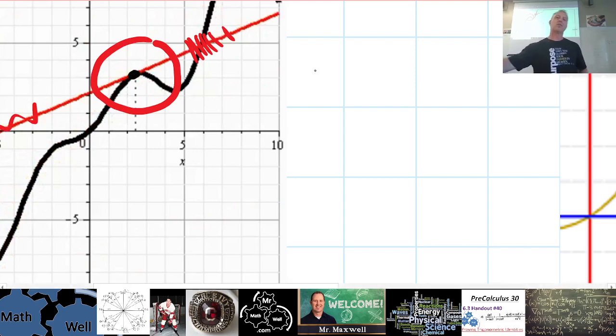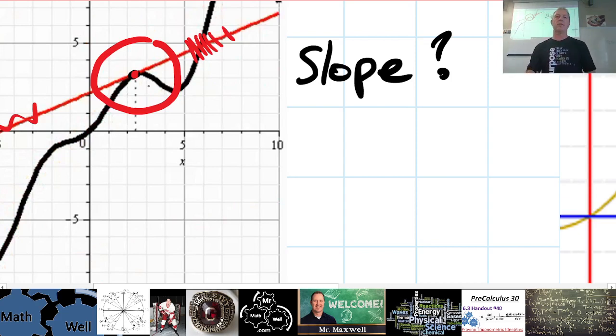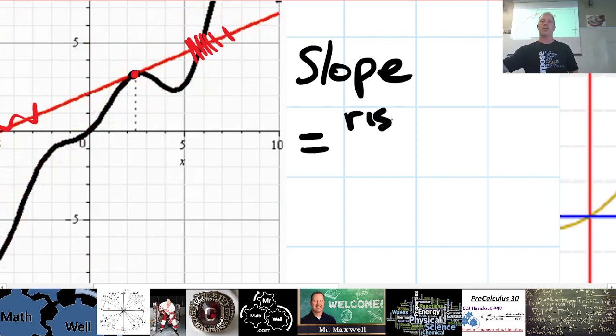So if I asked you to find the slope of the tangent line, the red tangent line, you wouldn't be able to do that given the information that you're given on the graph. Why? Who remembers what slope is? What's the definition for slope, or the formula for slope? Yes, thank you. Rise over run. That's great.